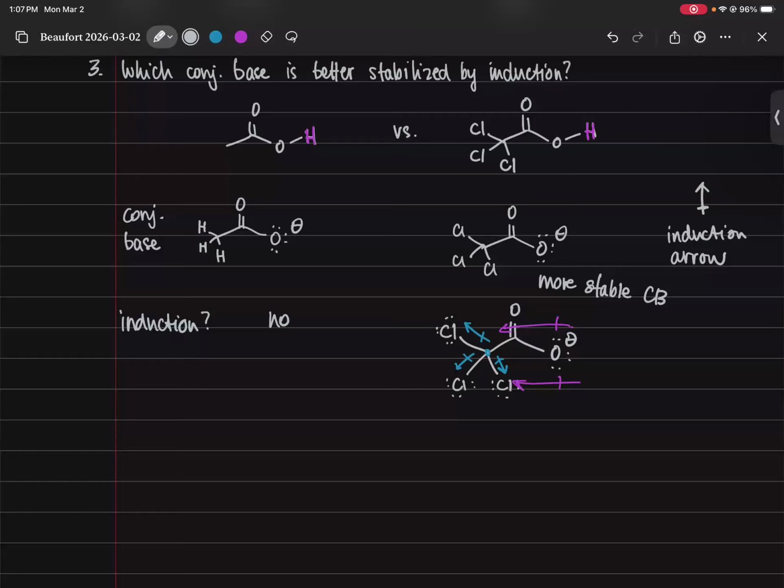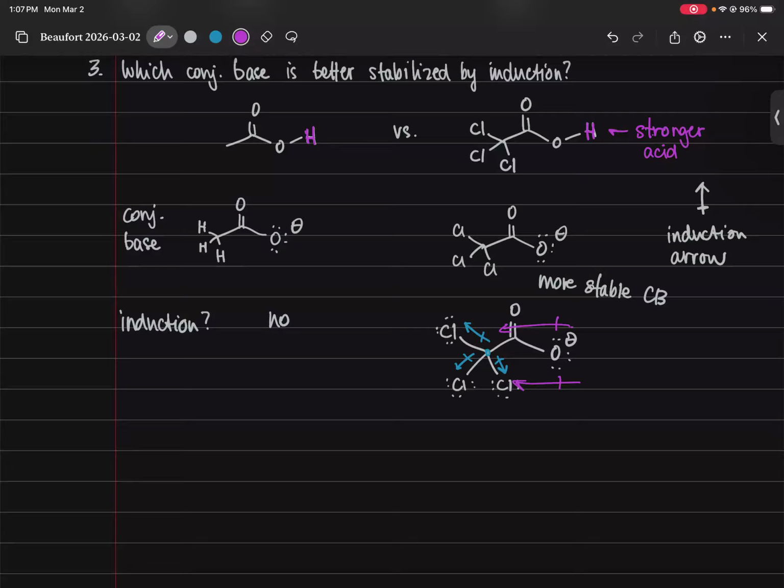So that means that this conjugate base is more stable than the regular acetate, and so this one with the chlorines is a stronger acid. It might not surprise you too much to find that if you just have one chlorine instead of three, it's somewhere in the middle.